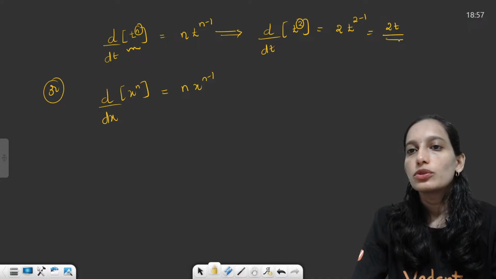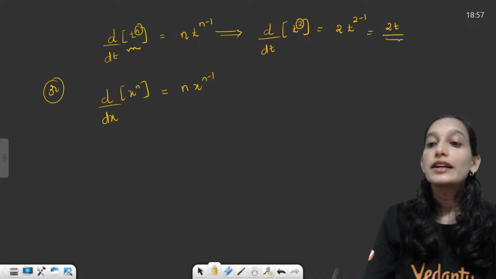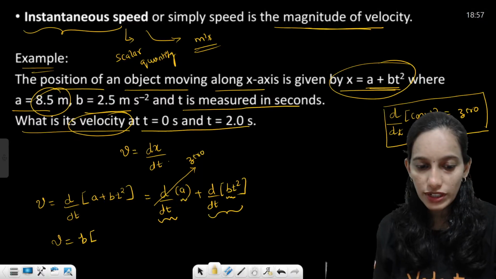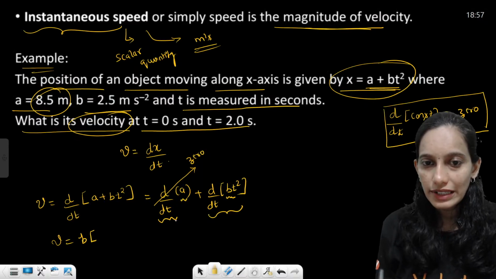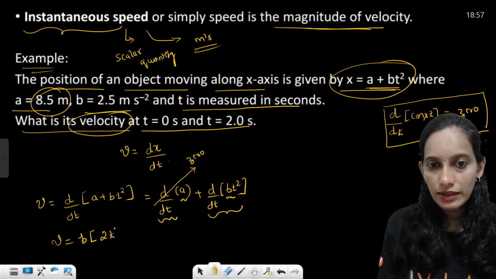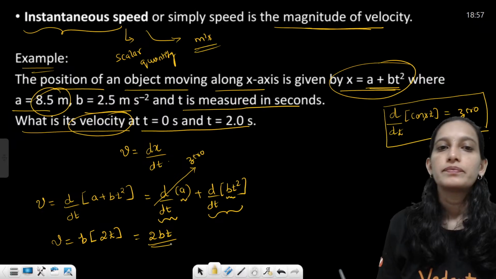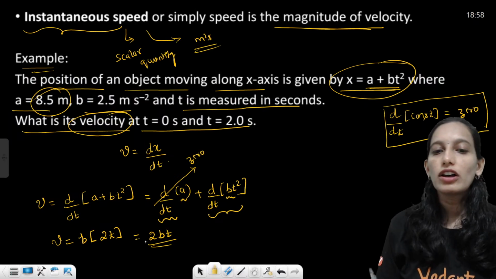Differentiation of t square is 2t. Okay, so ಇಲ್ಲಿ ನಮಗೆ 2t, or I can just write 2b into t. Okay, so this is the velocity at any time.